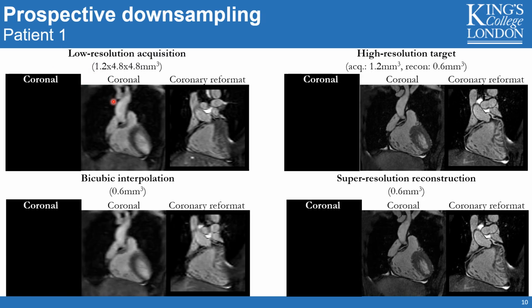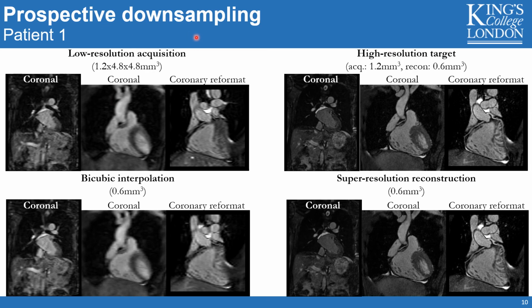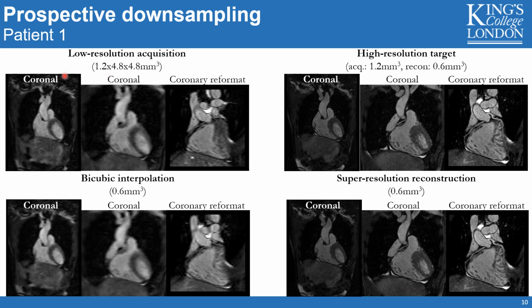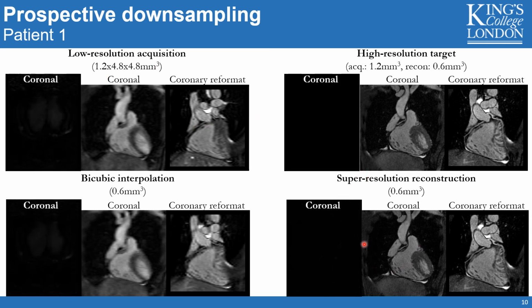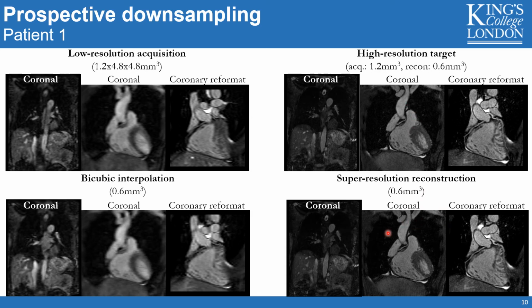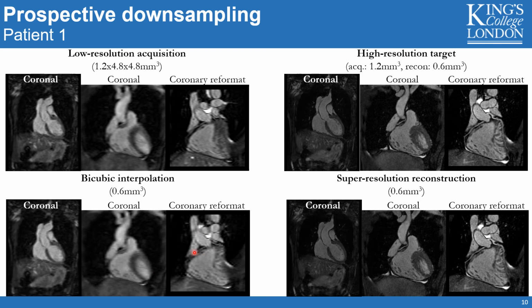The same observations also hold true if we move now to the prospectively downsampled cases, where you see here in one patient the low resolution acquisition from which we can reconstruct a very nice high resolution reconstruction of sub-millimeter resolution, which is in good agreement again with the high resolution target and which could not be recovered by just performing a bicubic interpolation.